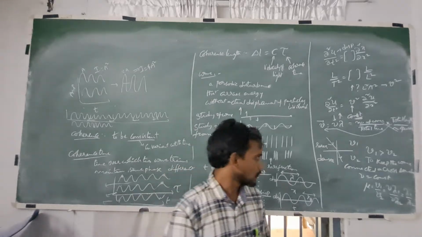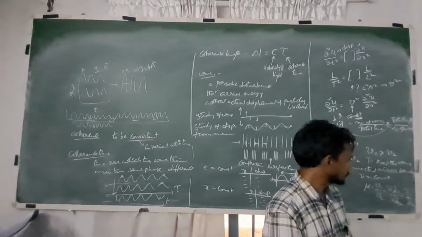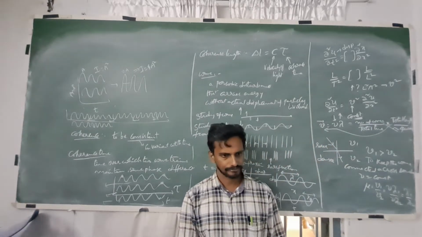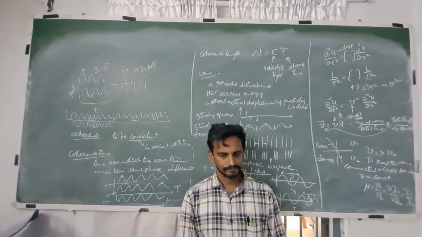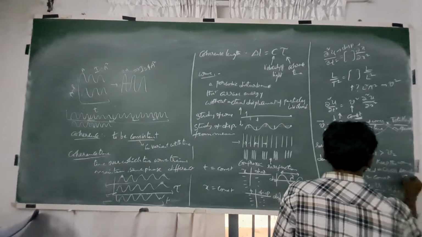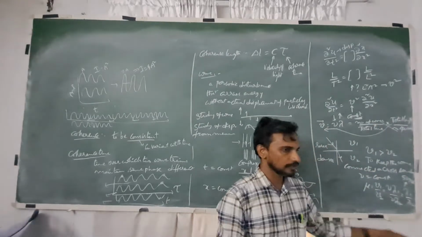So what is the wavelength of sodium light in water, let's say? Sodium light wavelength is 5893 angstroms in air or vacuum. What is its wavelength in water?